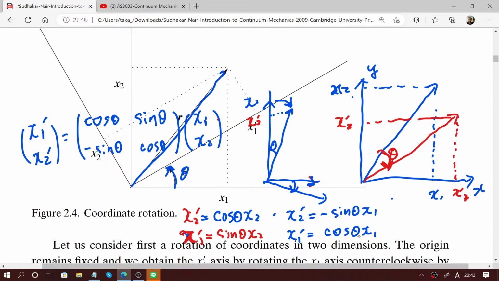Does it make sense? So you have x2 here, which goes to x2 prime by cosine theta.